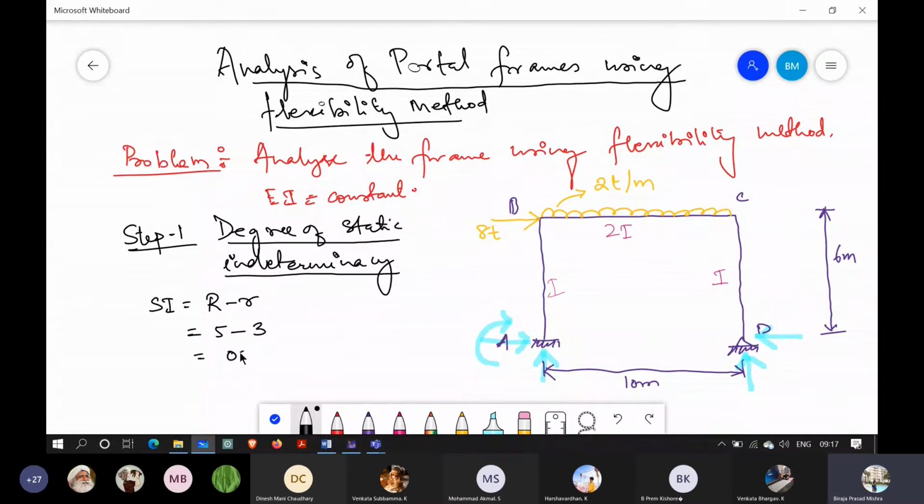So we have 2. The degree of static indeterminacy is 2. It means that within these 5 reactions, we have to take any 2 as redundants or extra. So let us take this one and this one as the extra reactions.